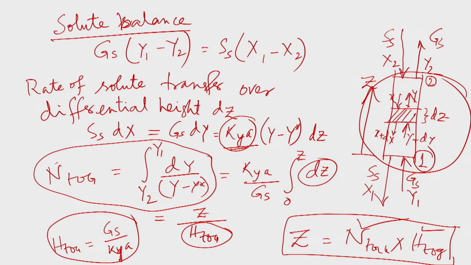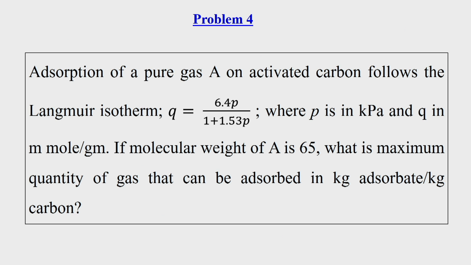Okay. So now we will be solving a small problem from this Langmuir isotherm. The adsorption of pure gas A on activated carbon follows the isotherm Q is equal to 6.4 P by 1 plus 1.53 P. So like this, Q is equal to Qm into Kp by 1 plus Kp.